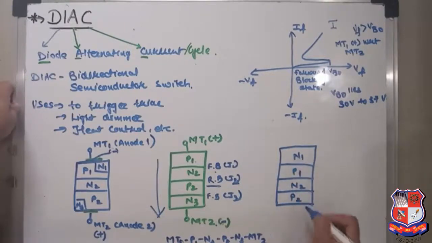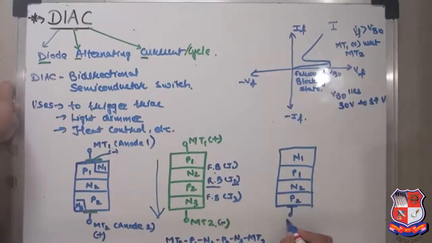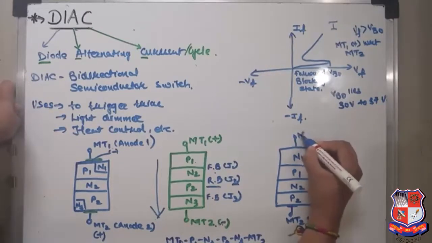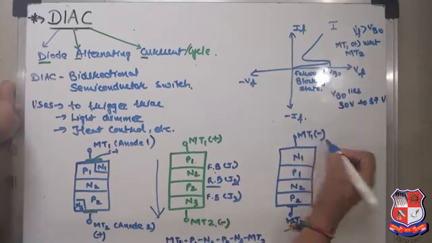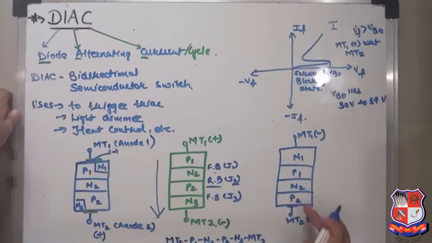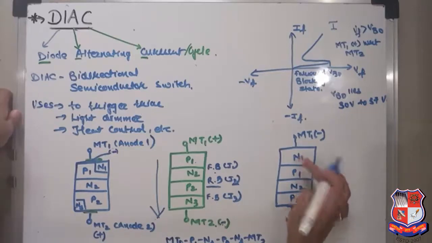Those are the layers which are going to be activated when MT2 is made more positive with respect to MT1.